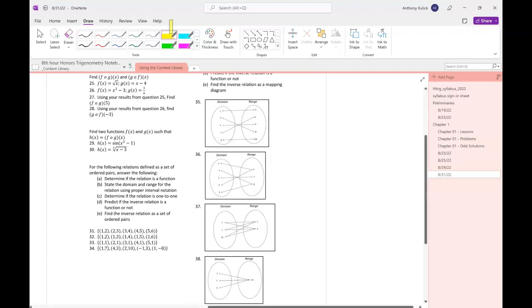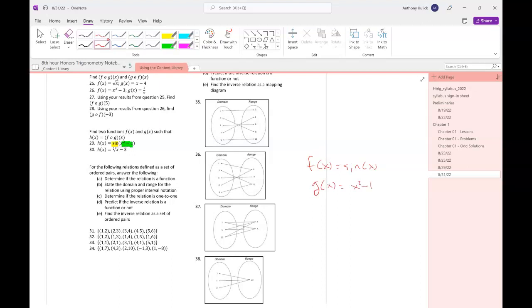So if I'm looking at 29, x squared minus 1 is my inner, and sine is my outer. So f of x, you might just make sine x. That's the outer. And g of x, you might make x squared minus 1. And that could be your inner. That's kind of the obvious thing to do.